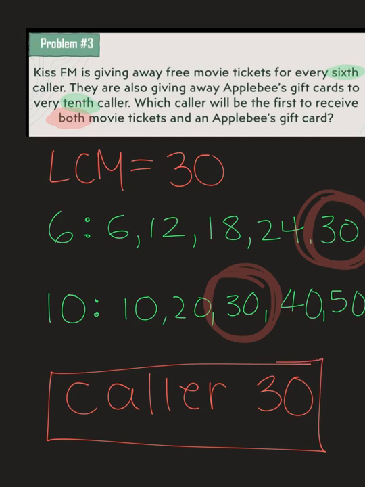Done. All right, problem 4 says, the 6th grade teachers bought food for a reward party. They purchased 64 bags of chips and 80 bottles of water. What is the largest number of students that can be invited to the party so that they each get the same amount of chips and water?